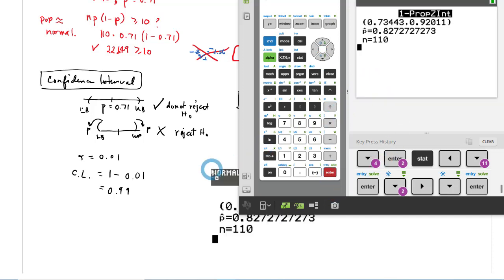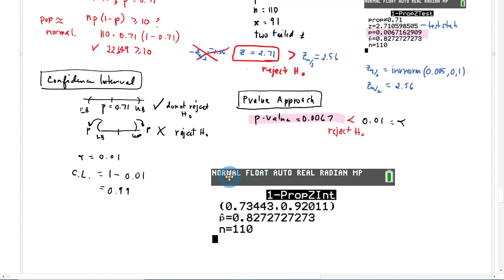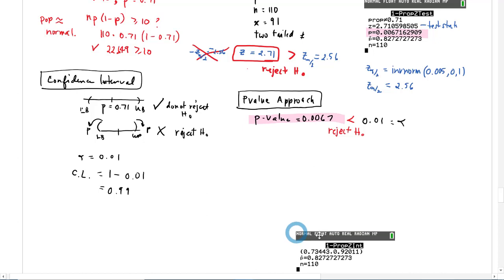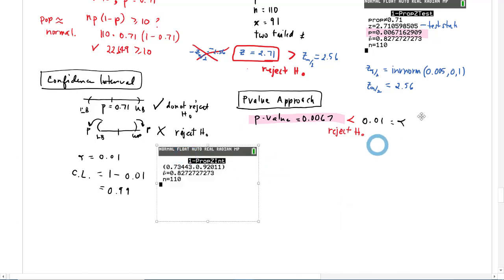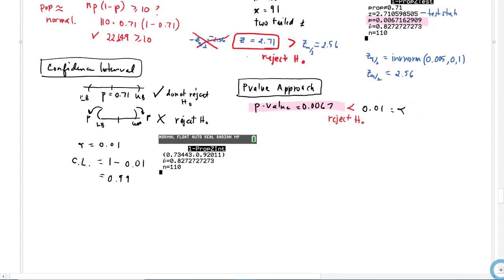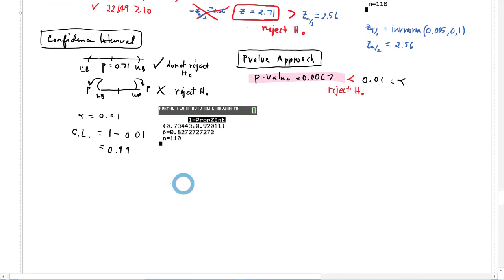And so notice that if I drew a number line, here's the lower bound and upper bound. This lower bound is 0.73 and this upper bound is 0.92. And we say we are 99% confident the population proportion lies in this interval. So p would lie in here somewhere, right?